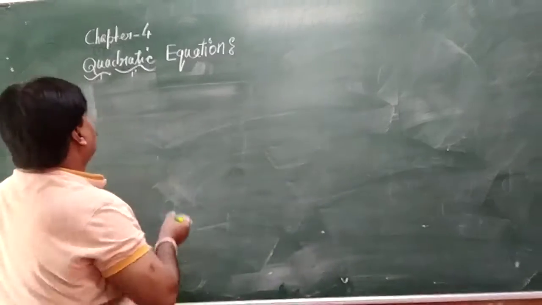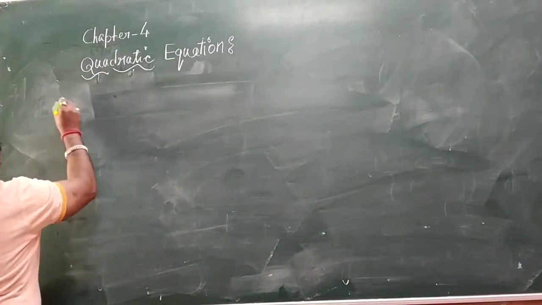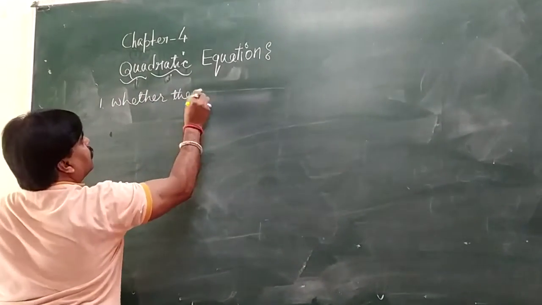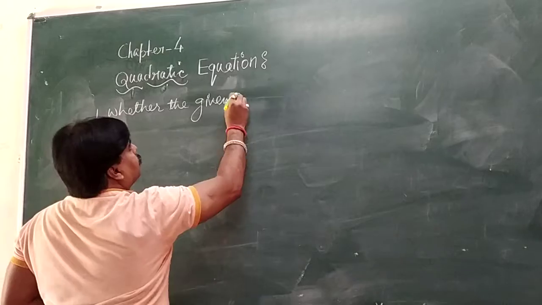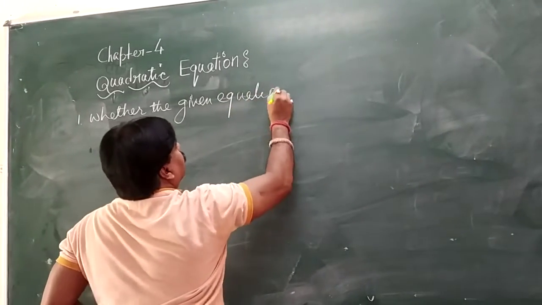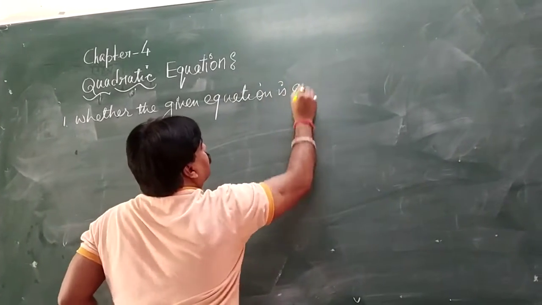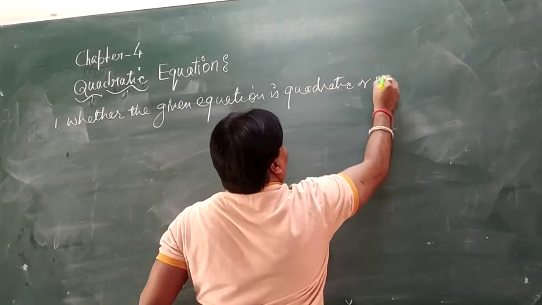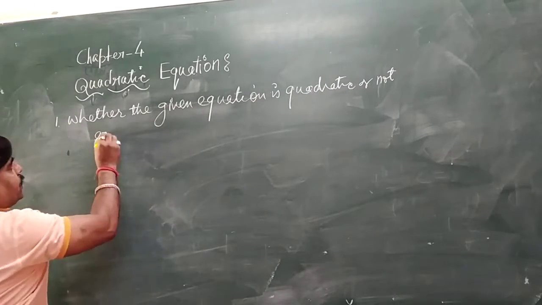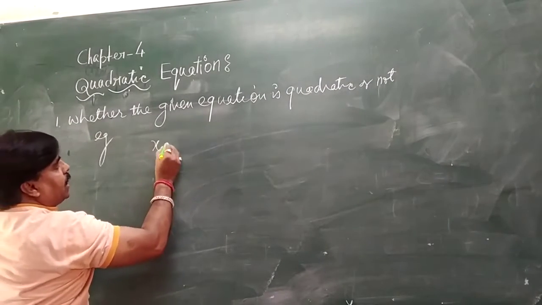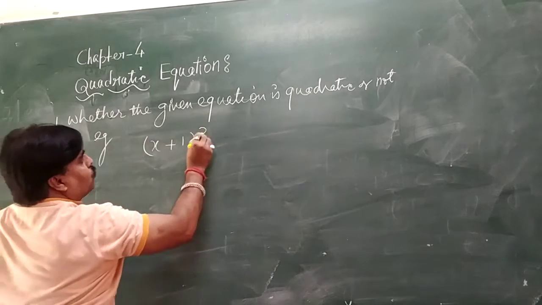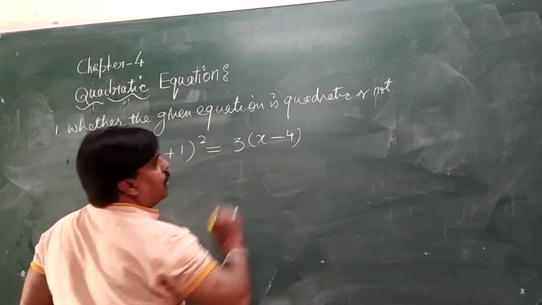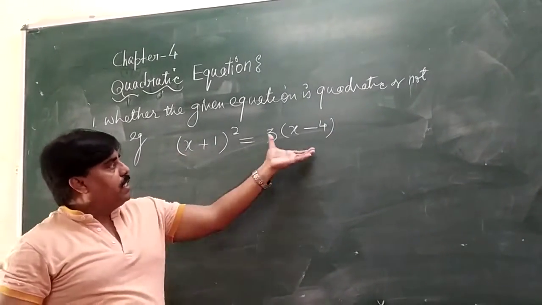Now question is whether the given equation is quadratic or not. So for instance, suppose your example is given x plus 1 whole square is equal to 3x minus 4. We want to check whether this equation is quadratic or not.